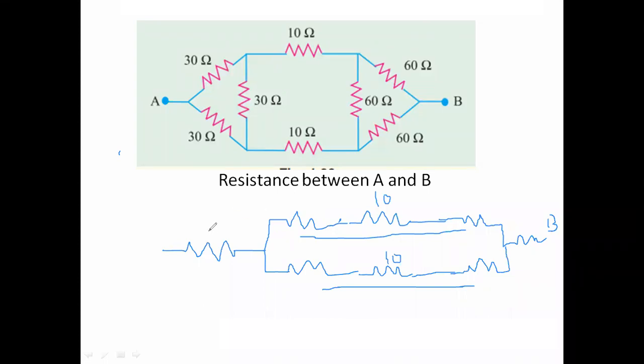To find out this resistance value, this resistance is in between 30 ohms and 30 ohms. So 30 into 30 by the summation of overall resistance, that is 90.